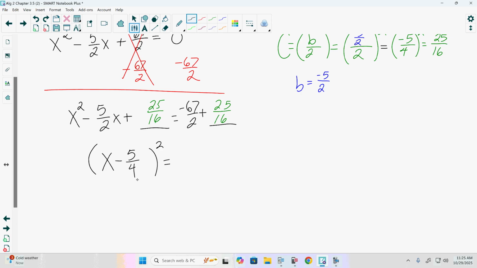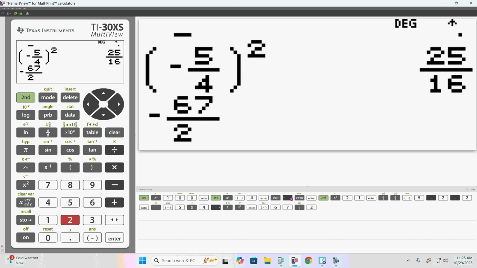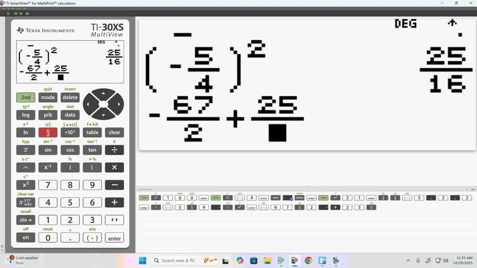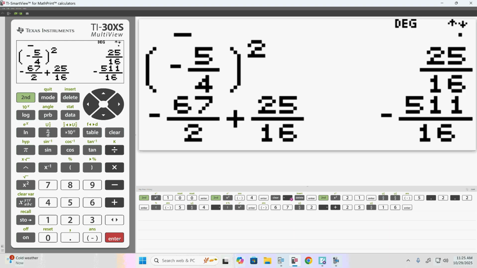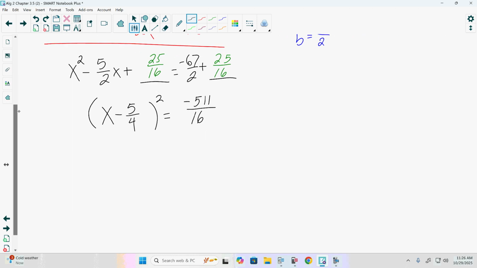Equals, well, -67 over 2 plus 25/16 is -511 over 16. So again, it looks like it's going to be nicer to have just left it as a decimal.